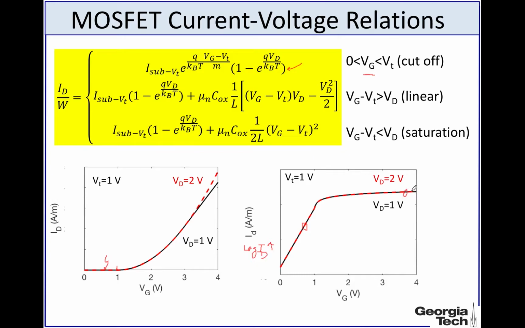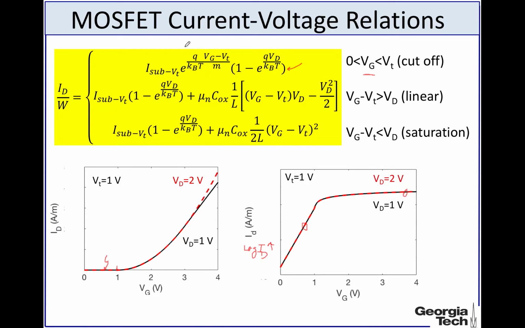We cannot see it because it's plotted in logarithmic scale, but in the subthreshold region the difference between the subthreshold currents for different values of drain voltage is much smaller than the difference for currents above threshold voltage for different drain voltages.